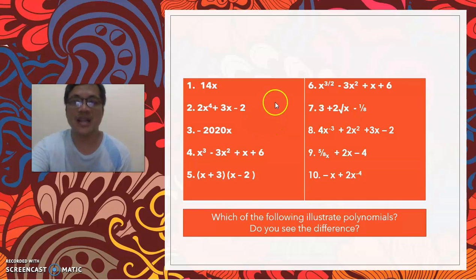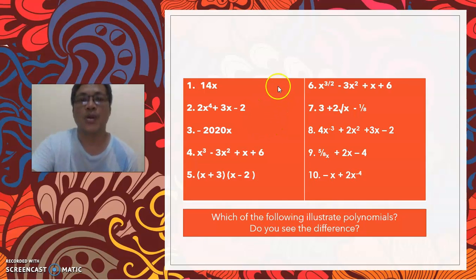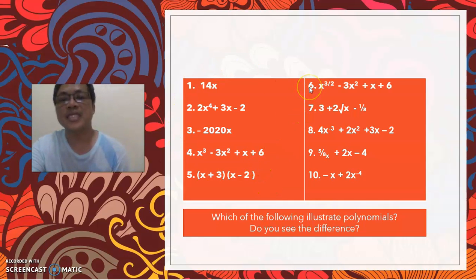As you can see, class, in the first column, we can say that these are examples of polynomials or polynomial functions. And then 6 to 10, these are not examples of polynomial functions.